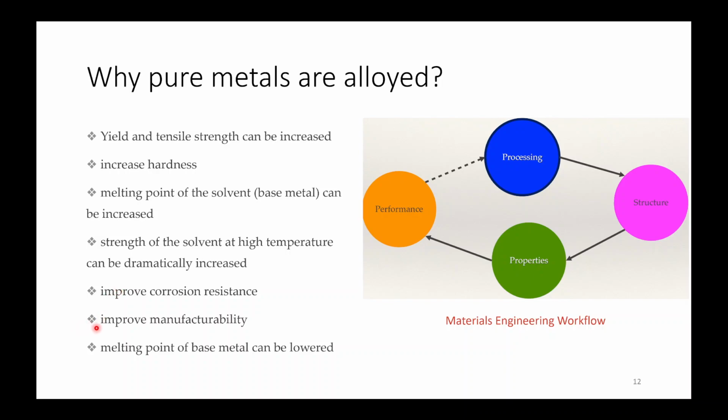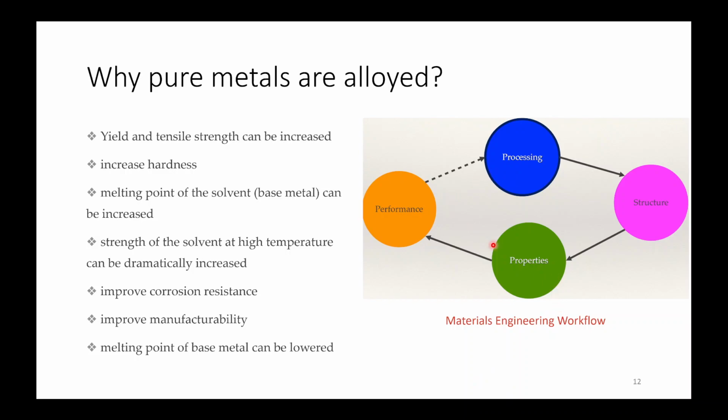It improves manufacturability. So some alloying elements can also provide easier manufacturing. The melting point of the base metal can be lowered. So in case of your eutectic systems, you can reduce, and in case of isomorphous type of systems, you can increase the melting point of the system as well.